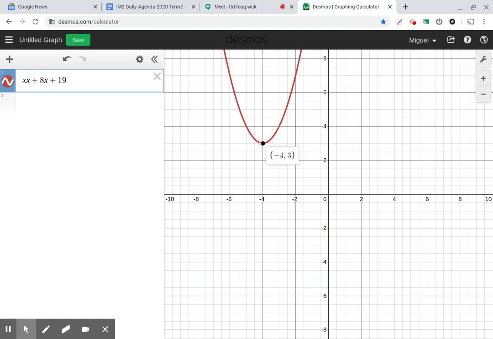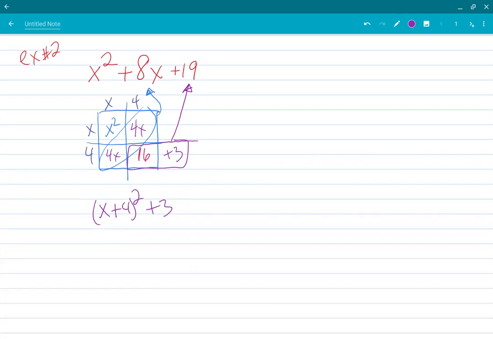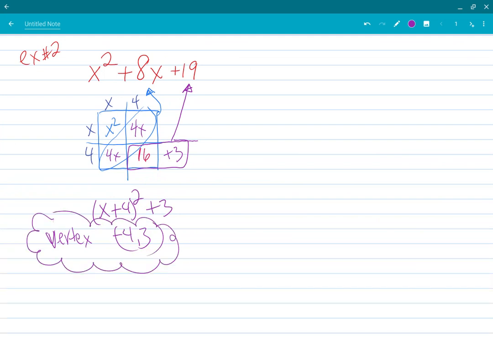So what is that? Negative 4, 3. And look. So what is the vertex? Yay. What are you guys saying? Is this difficult? Okay.